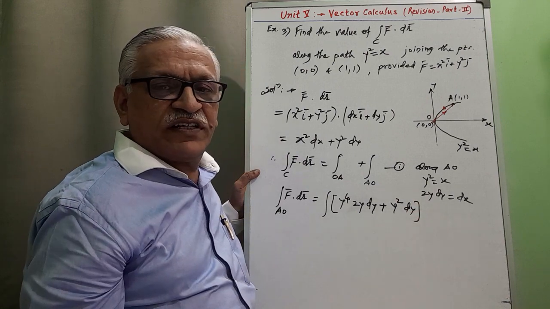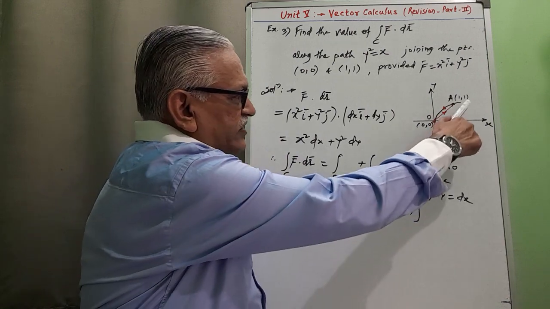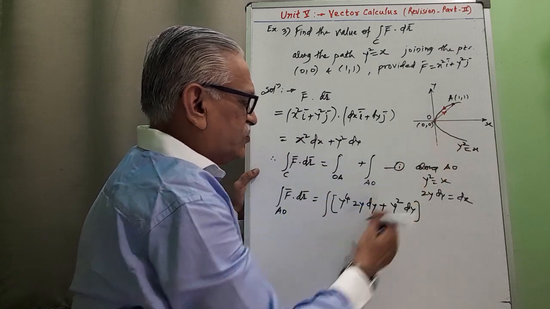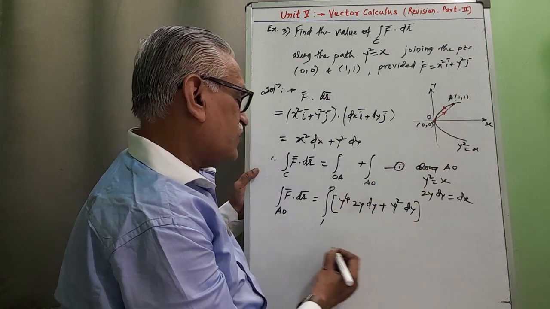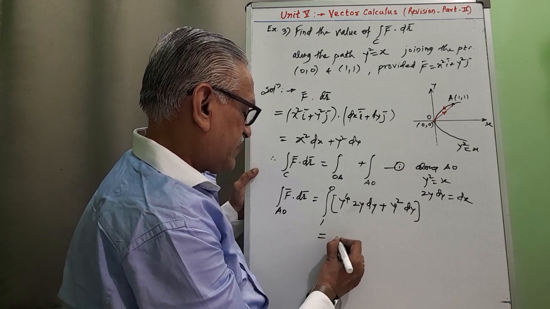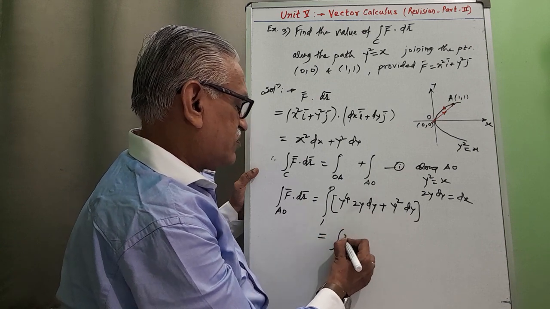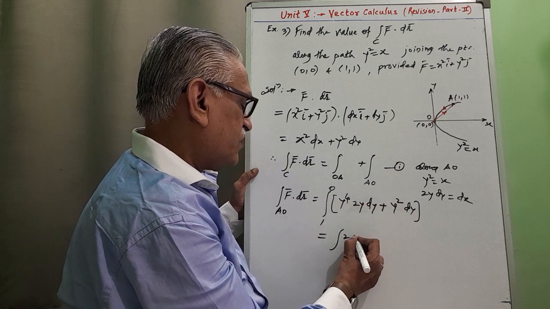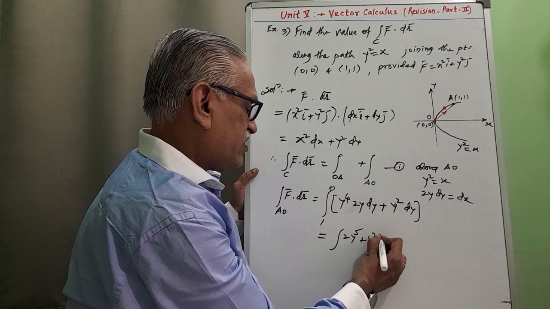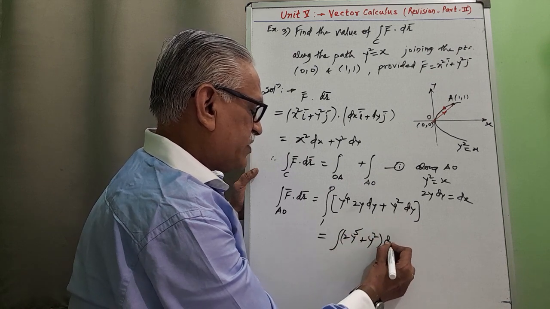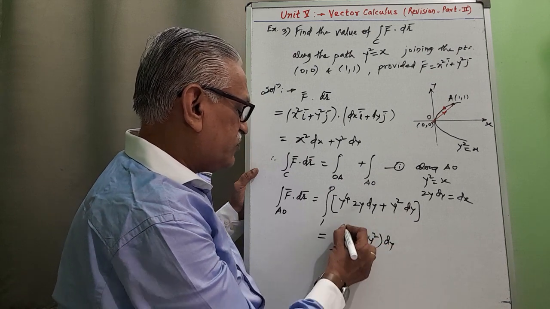As we integrate with respect to y, we see how y changes: y changes from 1 to 0. Therefore it becomes the integral of 2 times y raised to 5 plus y square with respect to y between the limits 1 to 0.